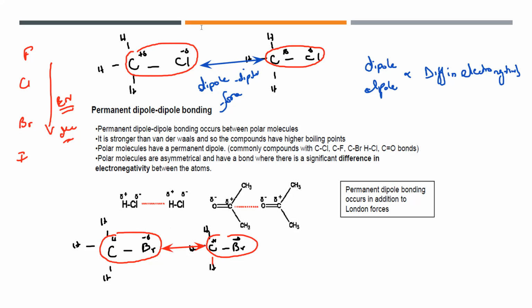Chloromethane will have a stronger dipole force as compared to bromomethane, which will have a weaker dipole force. Is this concept of dipole forces clear? Whenever a molecule has a permanent positive and negative, it will have dipole forces. Any doubt till this point?